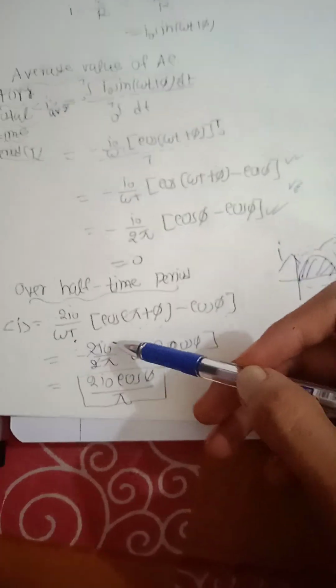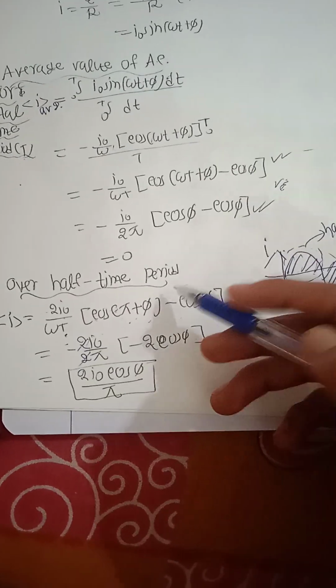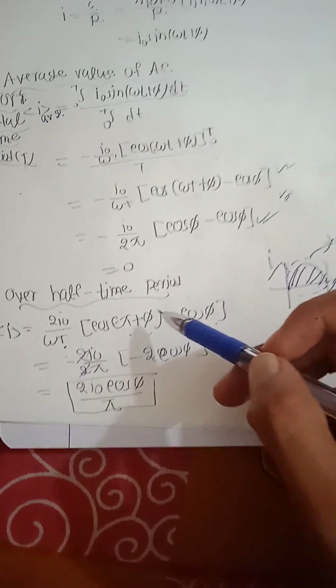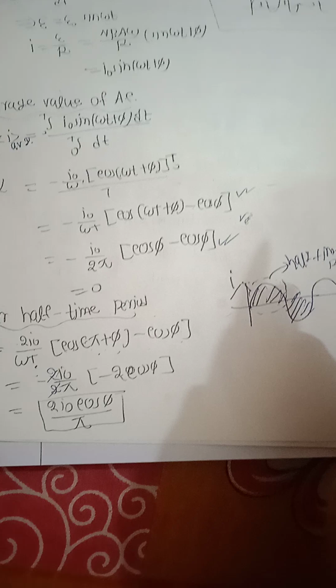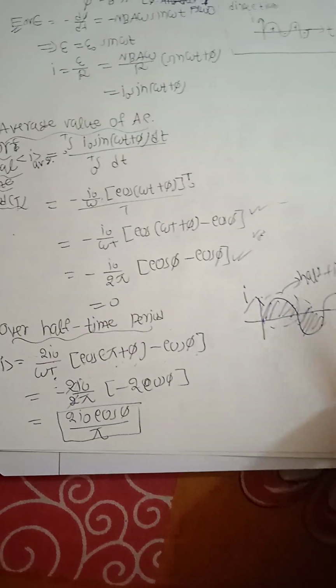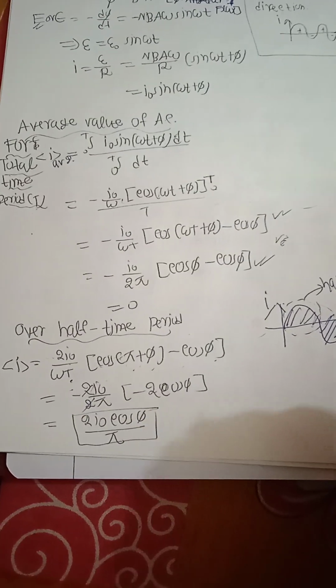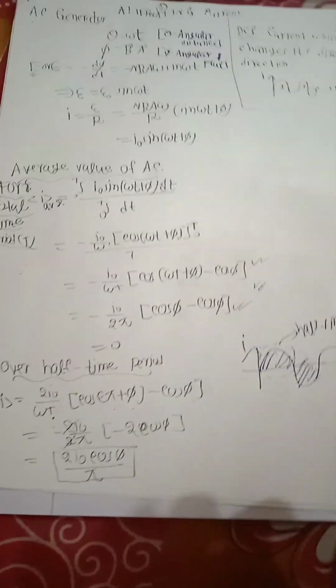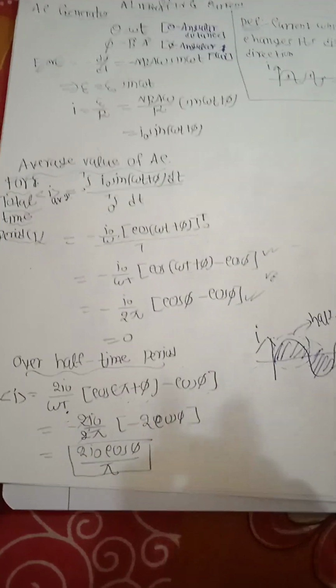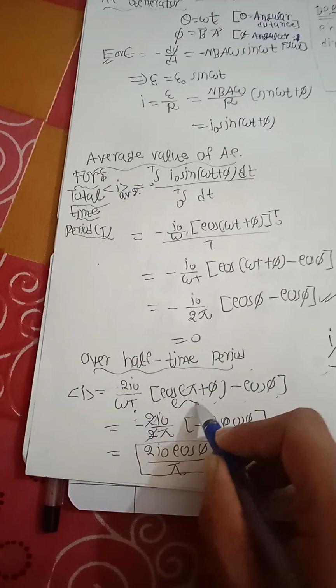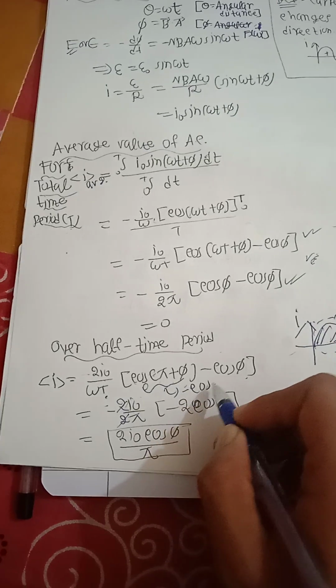So it is I naught by pi, and we all know that cos of pi plus phi lies in the third quadrant. In the third quadrant the value of cos is always negative, so that's why it will be minus cos phi. It will always be minus cos phi.